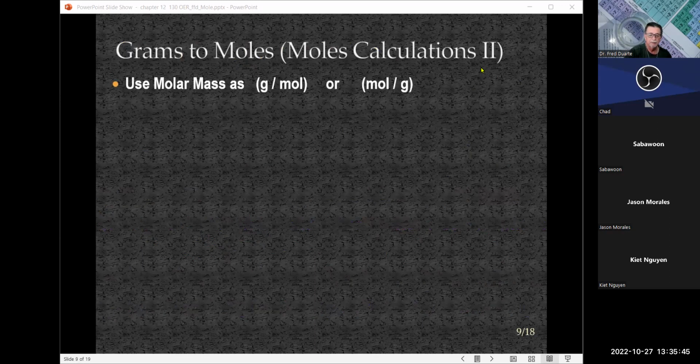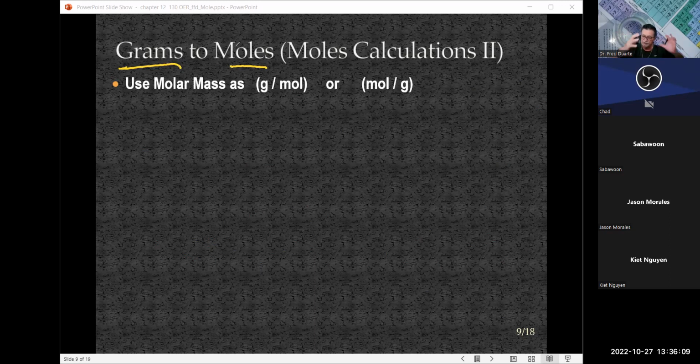All right, in this example, we are going to do some more calculations. We're going to convert from grams to moles. Earlier I stated, right now we've been working with molecules using Avogadro's number, going from molecules to moles, moles to molecules.